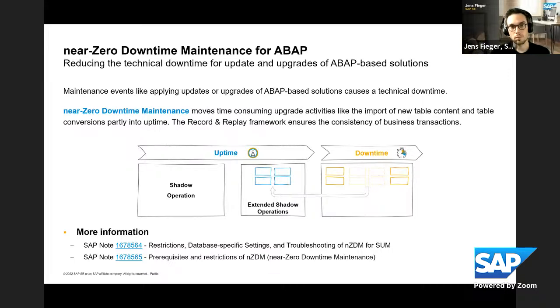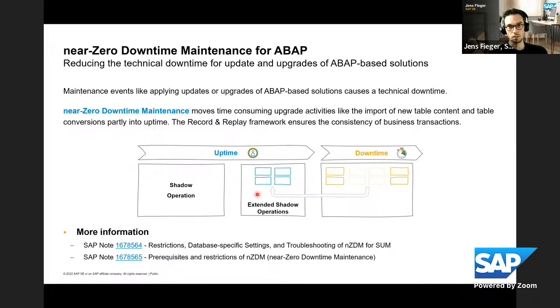With the nZDM approach, we also came up with the record and replay framework, also known as CRR, capture, record, and replay framework, in order to ensure the consistency of all business transactions. So in other words, if a table is moved into uptime, we also have to have an exact clone of those tables in two different versions.